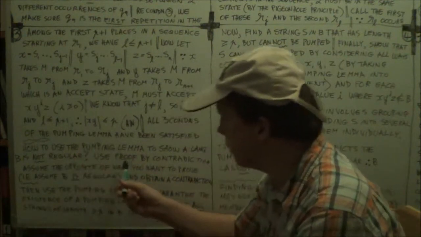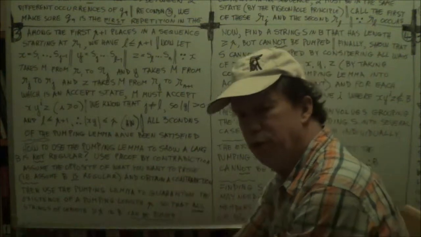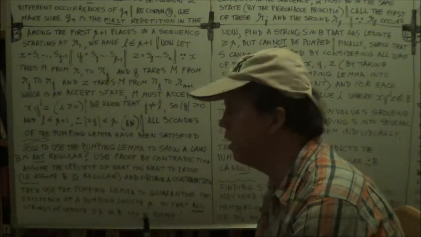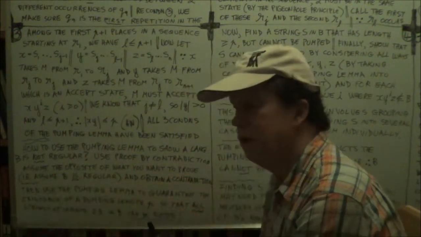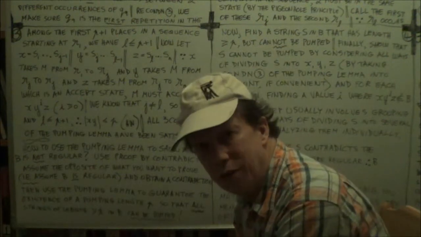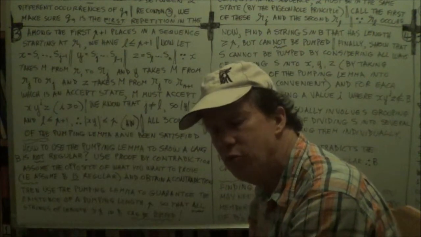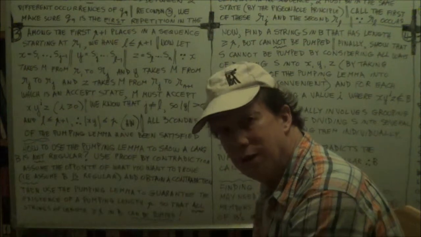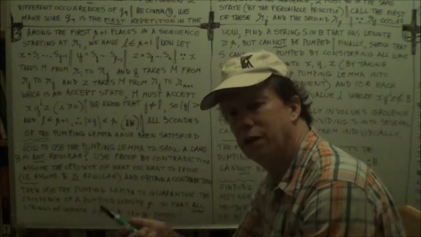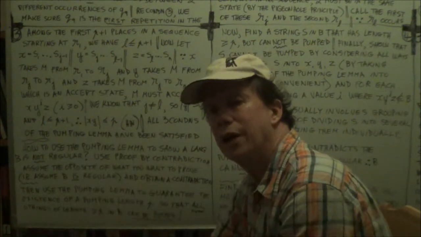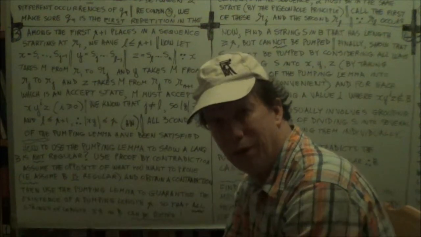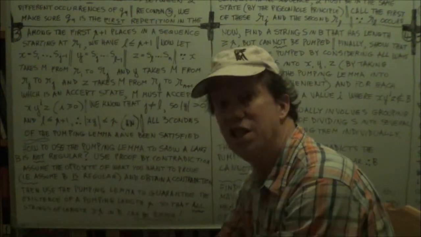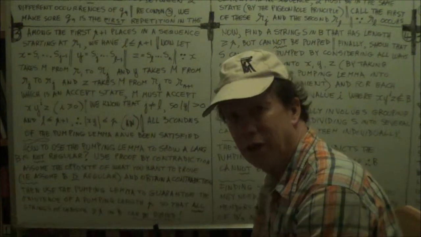You use the pumping lemma in a proof by contradiction. You're trying to show that a language B is not regular. In other words, there is no machine that recognizes the language, because a regular language, by definition, is a language that can be recognized by a DFA, a deterministic finite automaton.